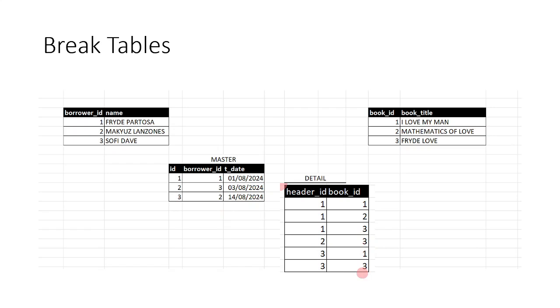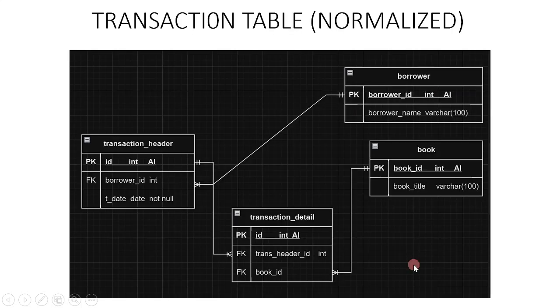So again, sorry for the mishap here, but I hope you fully understand that this header ID here is not the borrower's ID, but it is the primary key of our master table. So this is now the fully normalized transaction table.